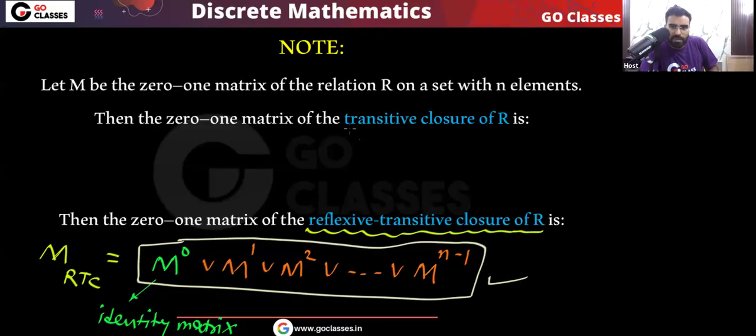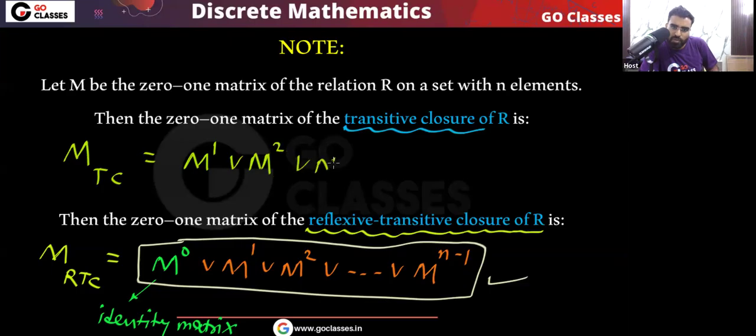But remember, if I only want transitive closure and not reflexive closure, then for the matrix representation of transitive closure, I will start with m power 1 or m power 2 or m power 3 and so on. I have to go till m power n. This will capture the worst case of transitivity.